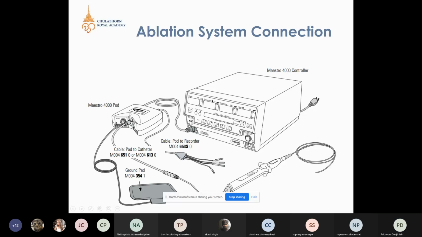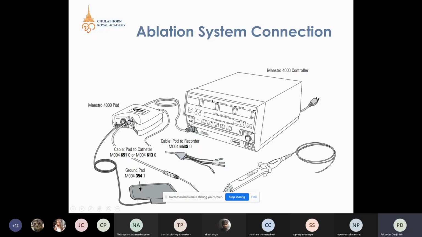How can you get the electrical signal to show on the screen, right? If you have this question, you will need to find the connection between the ablation system and the amplifier, a junction that you can connect between the two systems, which is this cable.